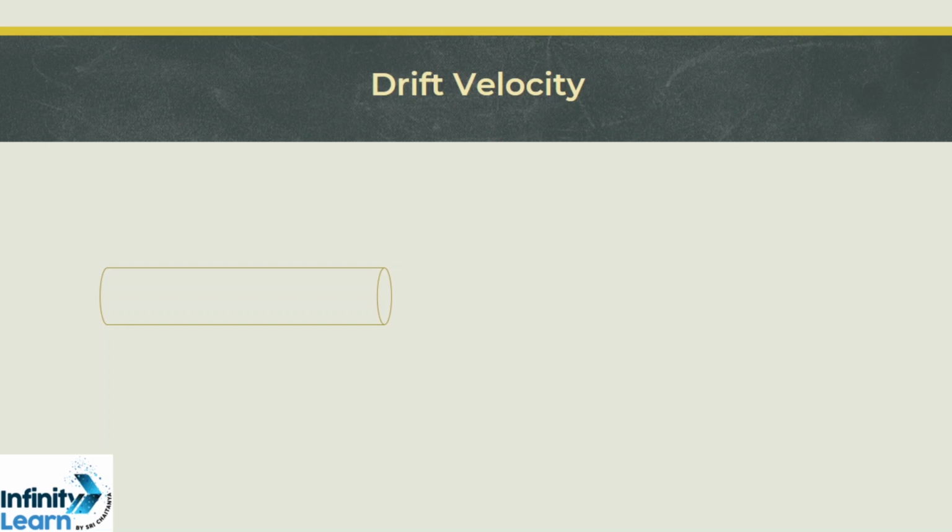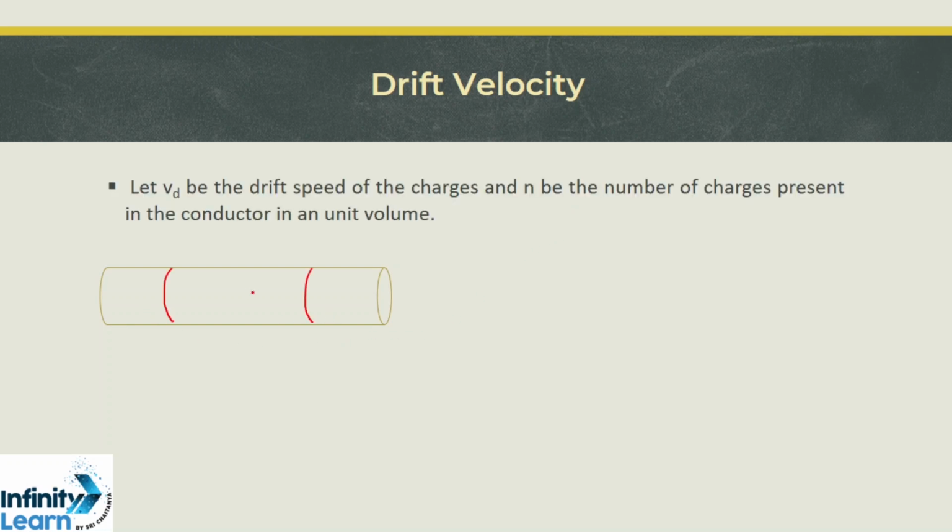For this, let us consider electrons moving with drift velocity Vd, and let small n be the number of charges present in the conductor in a unit volume. If I consider a small unit volume, the amount of charges in this space is small n.